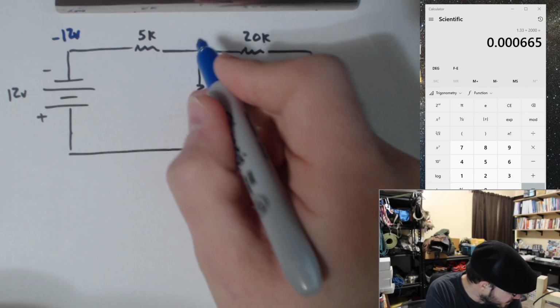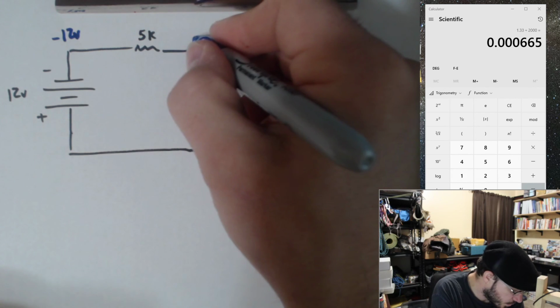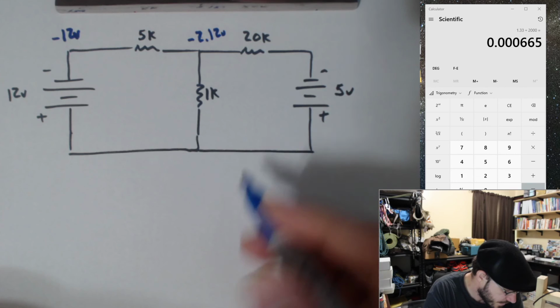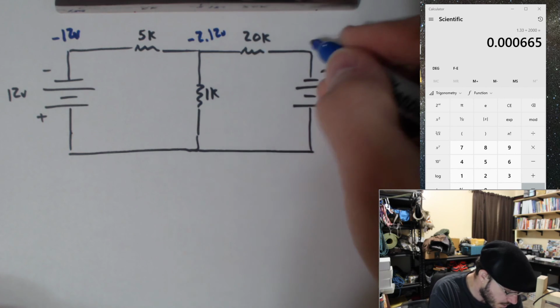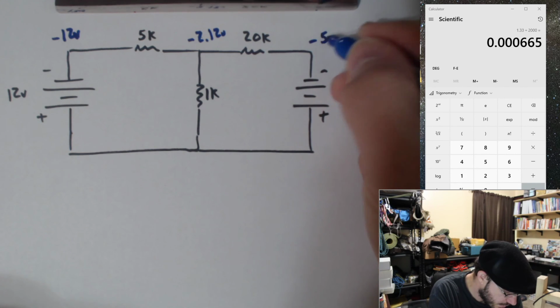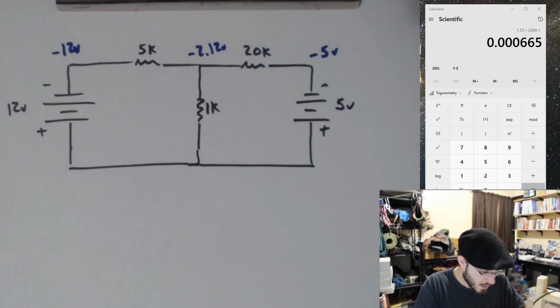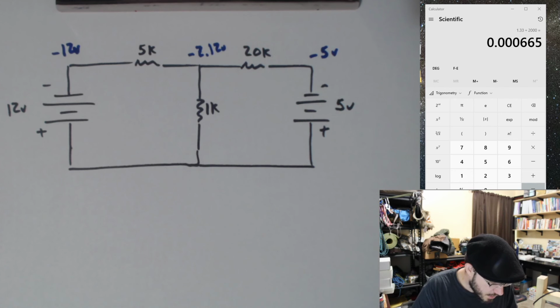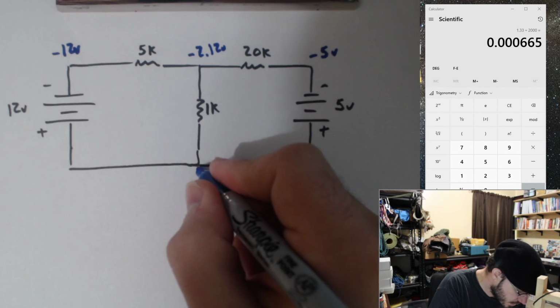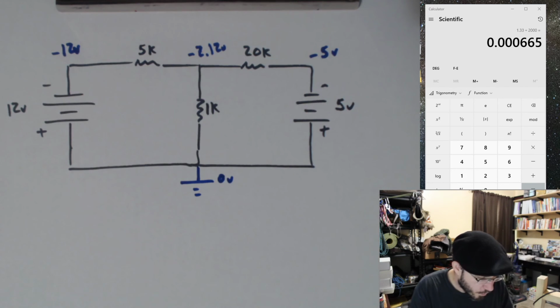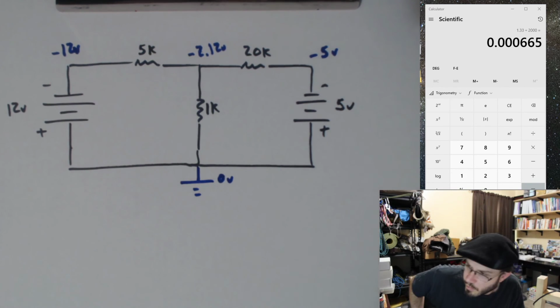And I found this point over here to be equal to minus 2.12 volts. And over here, I found this to be minus 5 volts. Of course, that was all under the assumption that this was 0 volts. Well, no problem with this.